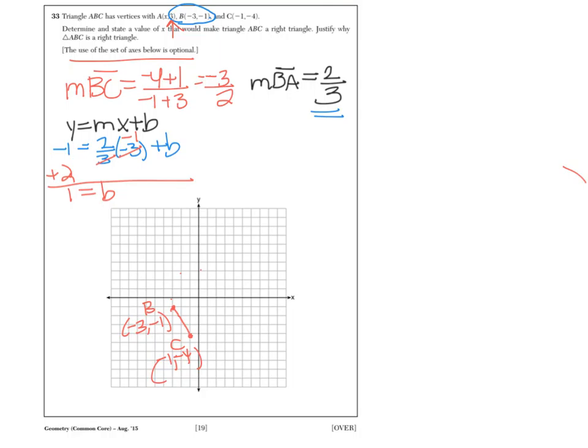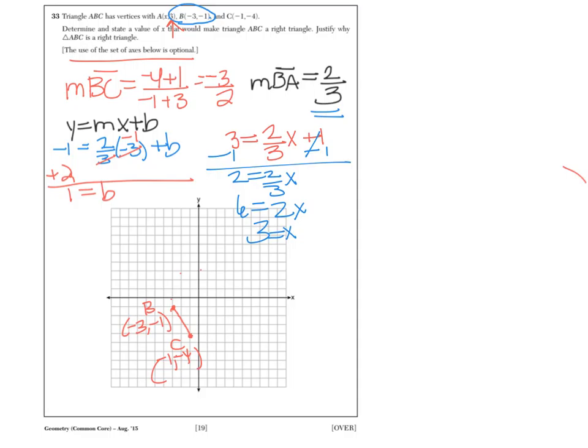So 3 is equal to, using the same slope as 2/3, x plus 1. I'm going to solve for x. So minus 1, 2 is equal to 2/3 x, cross multiply, I get 6 is equal to 2x, and divide by 2, x is equal to 3.